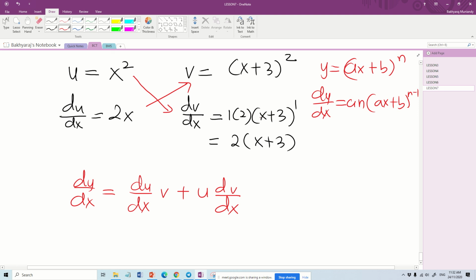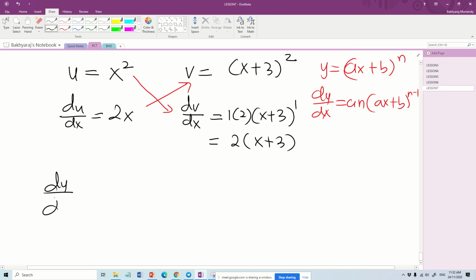Put it in the formula. Masuk balik formula. So dy dx equal. Okay, saya pause sekejap. Try again.